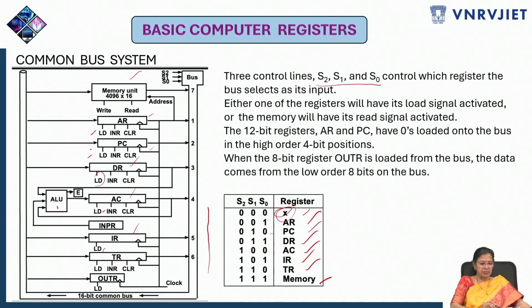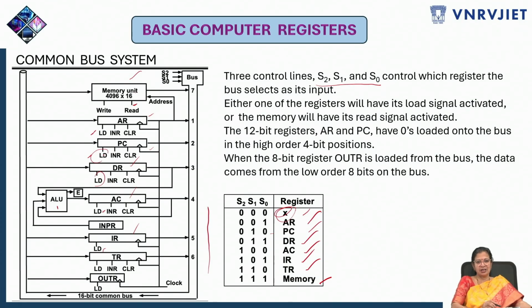And in the next cycle the read control signal of the memory unit will be made active. So in one cycle the content from memory will be read onto the bus, and in the next clock cycle, the data available on the bus will be loaded into the respective register whose load signal has been made active.